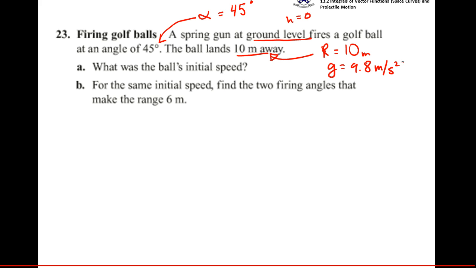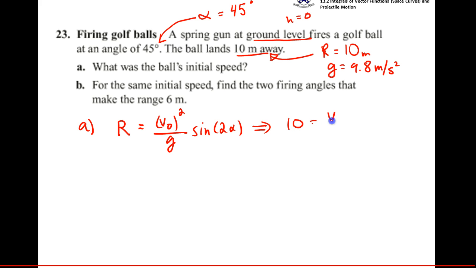The question at hand is, what is the initial speed of the ball? We have that formula that says the range of the ball is the initial speed squared over the gravitational constant times the sine of twice the angle. We have everything but the initial speed. Plugging in, 10 is equal to the initial speed squared over 9.8 times the sine of 90 degrees, since doubling 45 gives 90, and the sine of 90 is just 1.